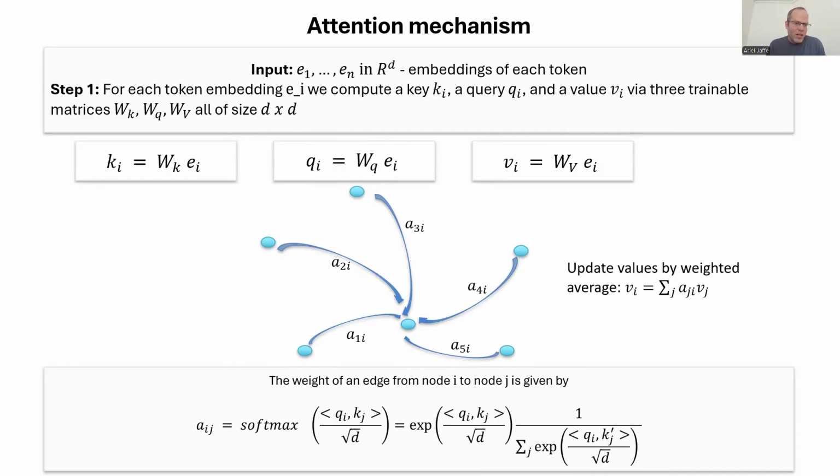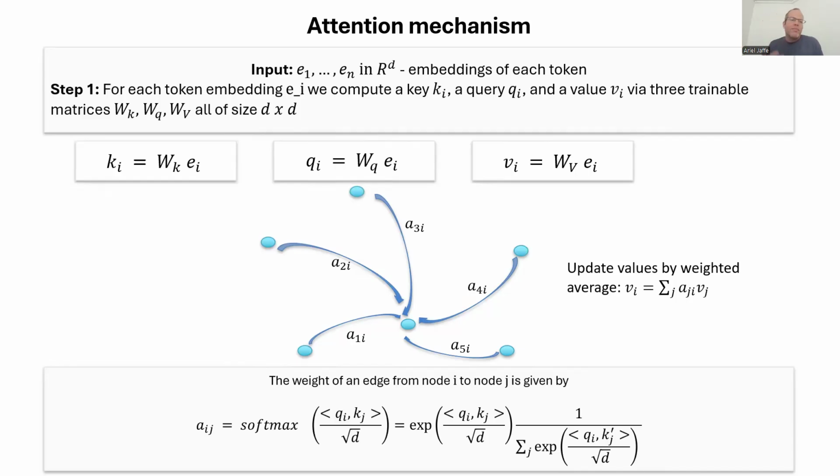So the input to the attention mechanism is a set of embeddings in R^D, and the output is also a set of embeddings, most of the time of the same dimension, but the new embeddings are already taking into account all pairwise interactions.